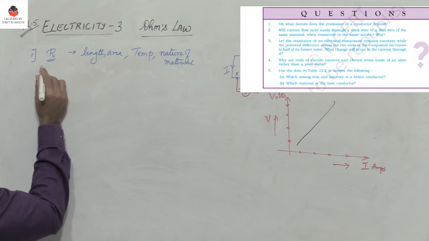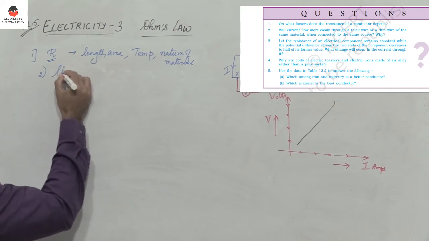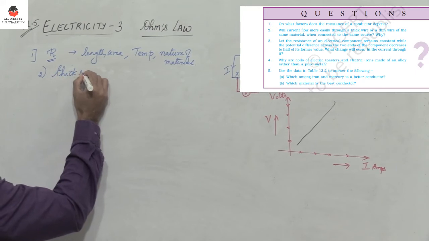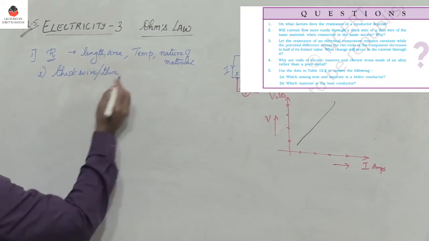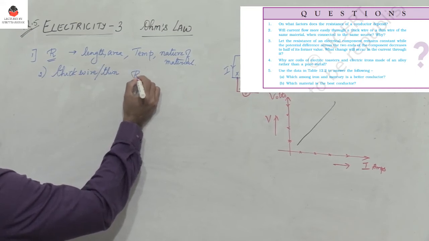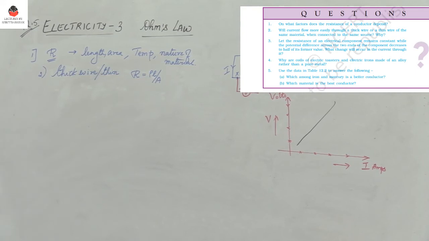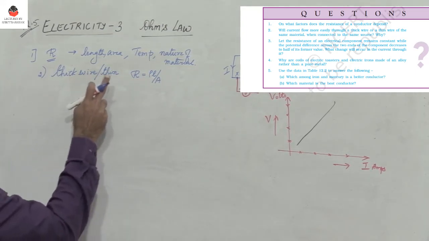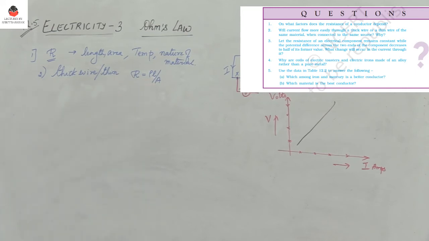2. Will current flow easily through a thick wire of the same material or through a thin wire? So will it be a thick wire, or is it going to be a thin wire? We know that the resistance equals rho L by A. The resistance is directly proportional to length but inversely proportional to the area.